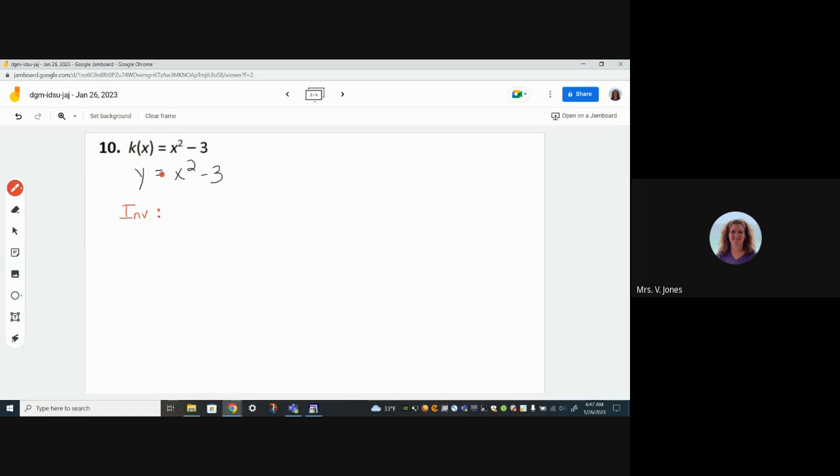To do that, wherever you see a y, you're going to put an x, and wherever you see an x, you're going to put a y. If there had been another x back here, you would have put a y right there. Second step, get y by itself. So we're going to add 3 to both sides.